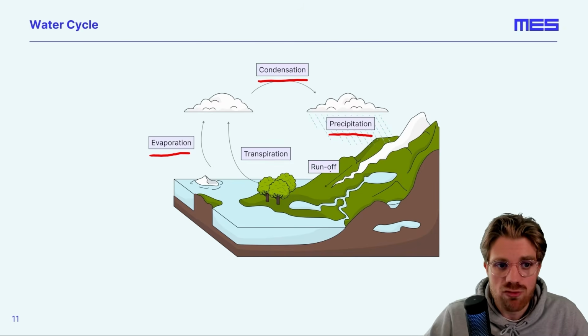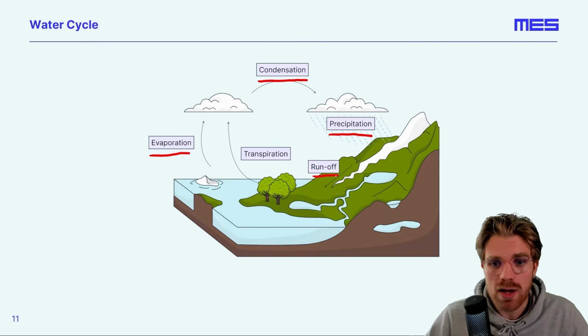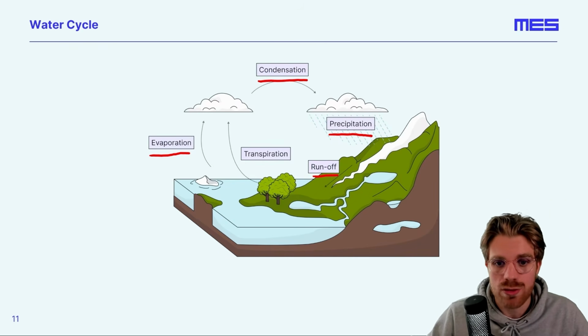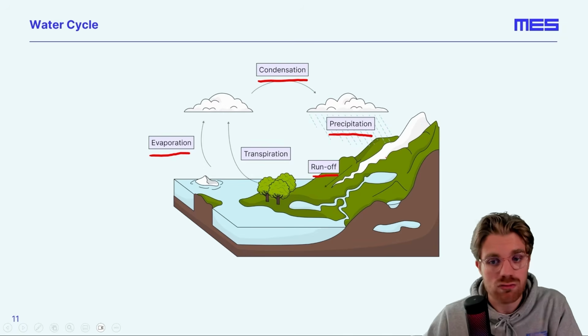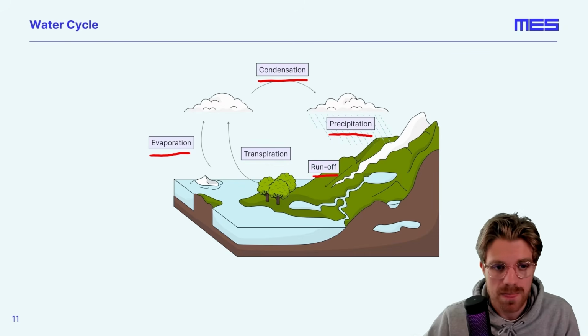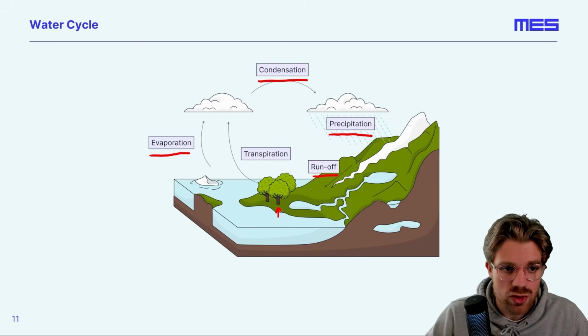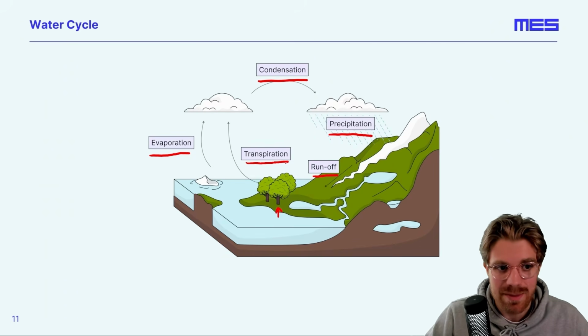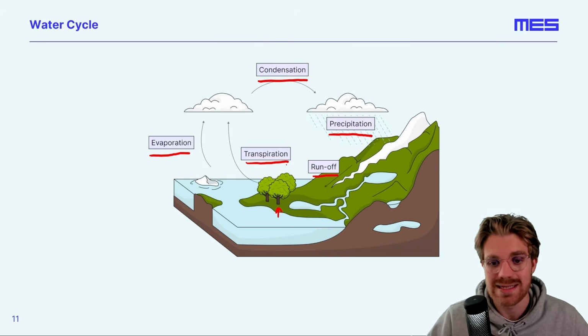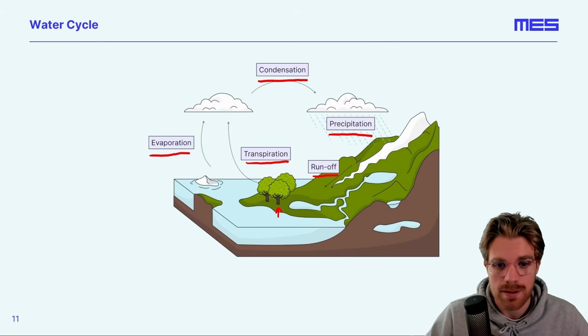The water then runs off the land. It might also percolate down through the land as well. So we might also see some infiltration as the water goes into groundwater stores. As the water runs off, it is then absorbed by the trees. And as it is absorbed by the trees, it moves through the trees and is released back into the atmosphere through transpiration as it evaporates out of the stomata.